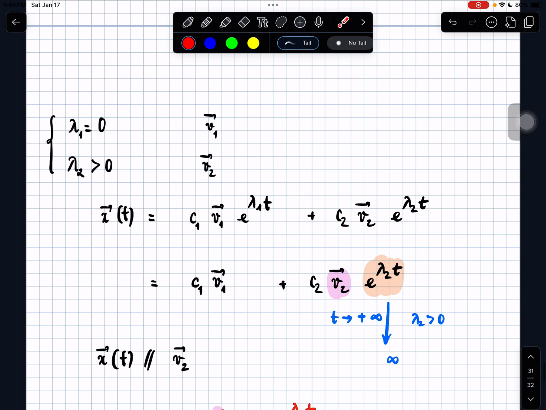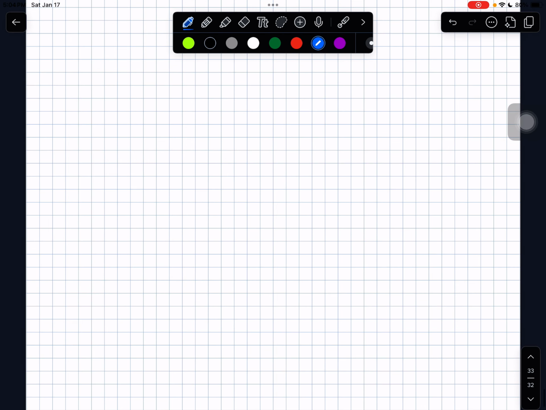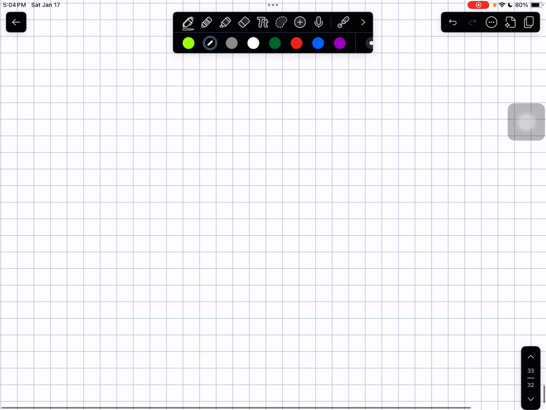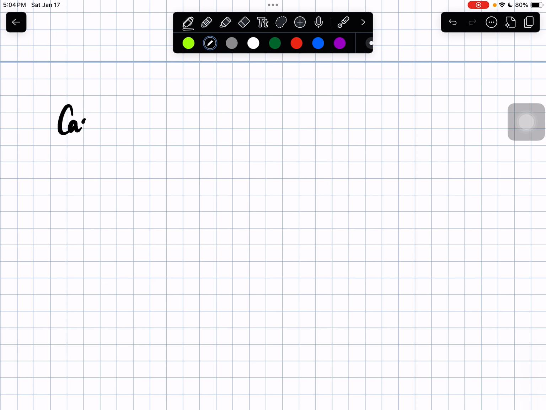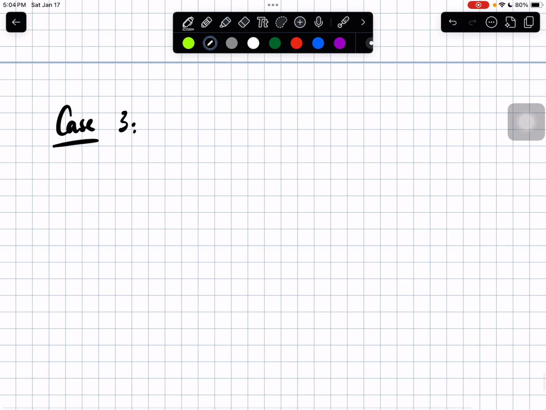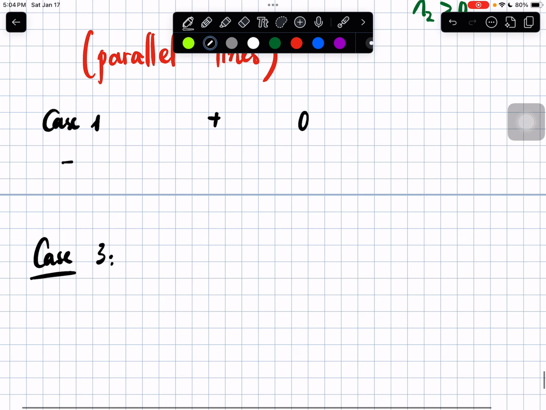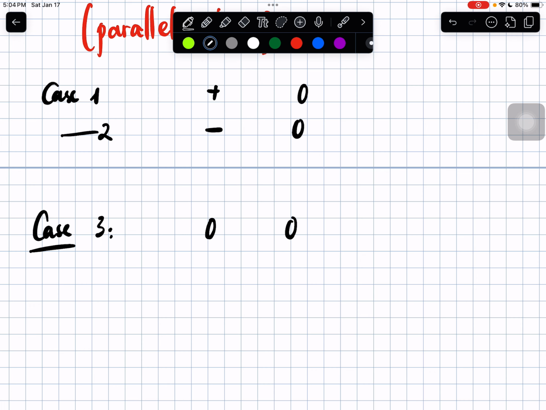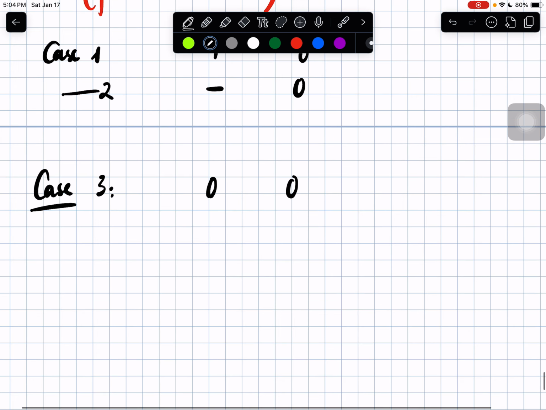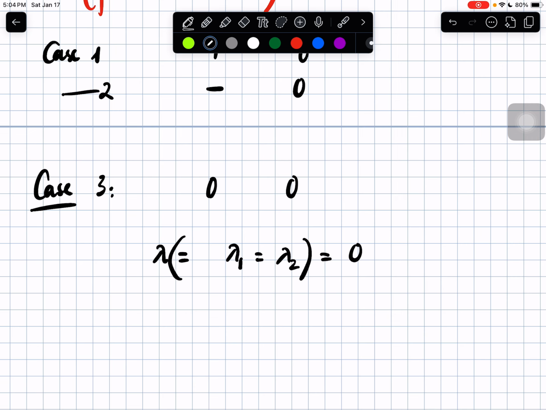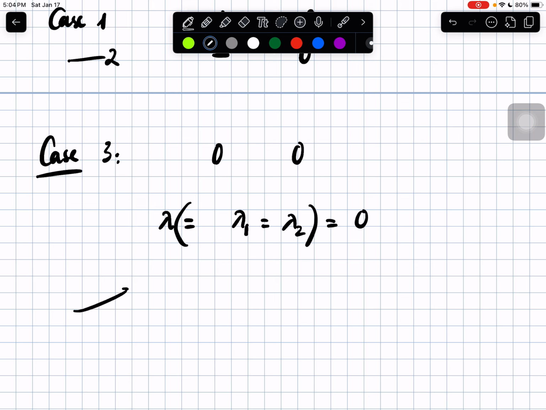What else? What if we have two zeros? So the next case is both lambdas are 0. Let's say case 3. Case 1 is positive and 0. Case 2 is negative and 0. Case 3 is 0, 0. Lambda 1 equals lambda 2 equals 0. In this case, it gives us two different possibilities.